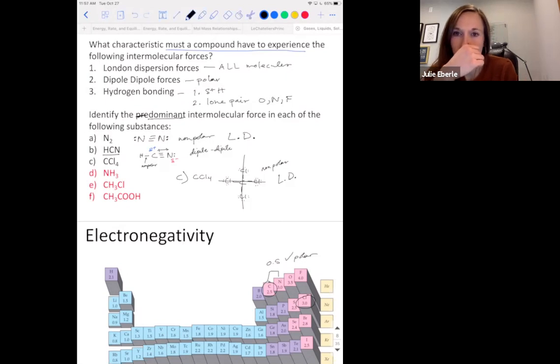Okay, about halfway there. 20 of 27, almost there, almost 80%.